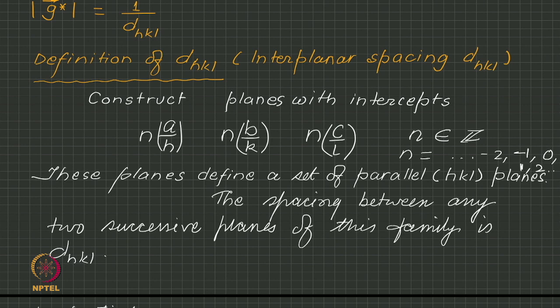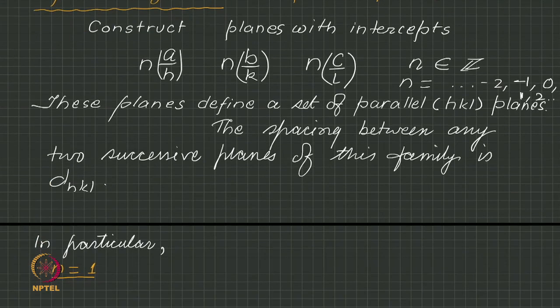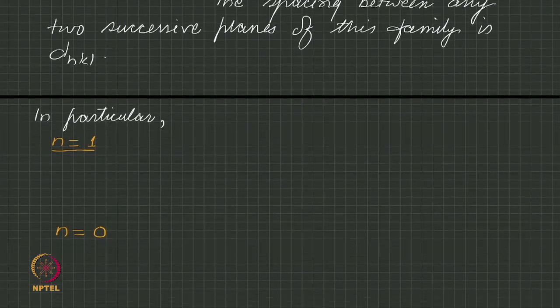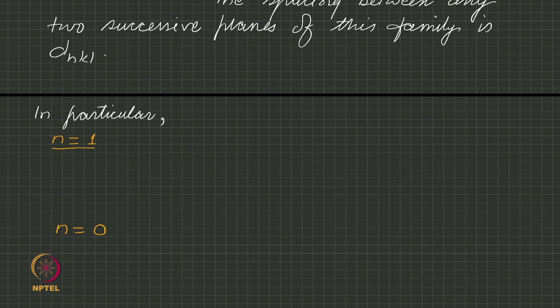That fixed spacing is what we define as the DHKL of this set of planes. So, the spacing between any two successive planes is the DHKL. Let us say for n equal to 1, we have A by H, B by K, C by L as intercepts, not a spacing, intercepts.